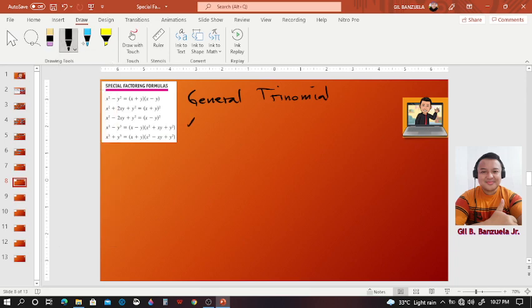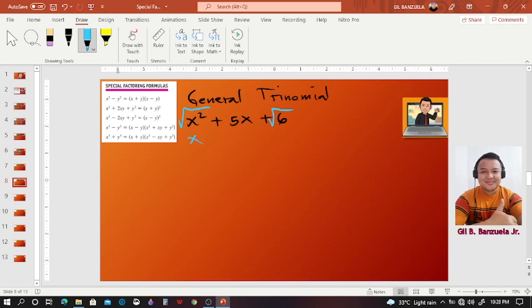Okay, supposing I have x squared plus 5x plus 6, and we are asked to factor this out. So, of course, the first thing that we're going to do is to test if the first and the third term are perfect squares. Of course, the square root of x squared is x, but the square root of 6 is not a perfect one.